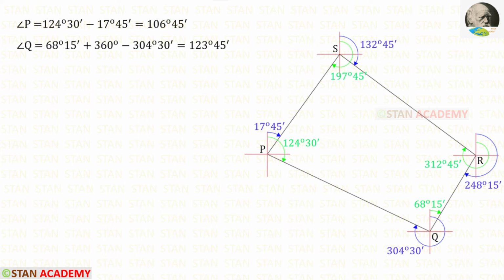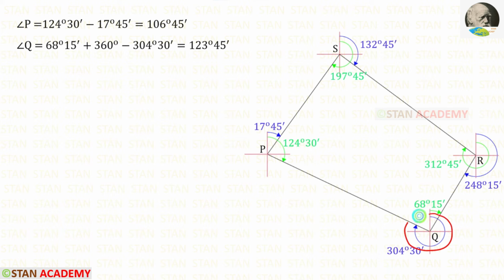Now let us find the interior angle in the station Q. We can split this angle into two parts, right side and left side. Right side we know the value 68 degree 15 minutes, but we do not know in the left side.